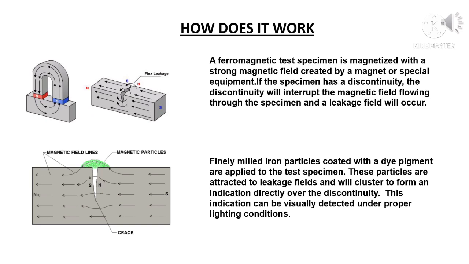Finely milled iron particles coated with a dye pigment are applied to the test specimen. These particles are attracted to the leakage field and will cluster to form an indication directly over the discontinuity. This indication can be visually detected under proper lighting conditions.